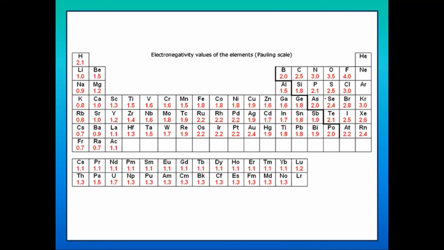Okay? Now, we're going to use again this periodic table of elements with electronegativity values para we can identify if the compound is polar or non-polar in terms of its bond. So let's have an example. So we have H2O or your water, or if we follow again the rule for naming it, we have dihydrogen monoxide.